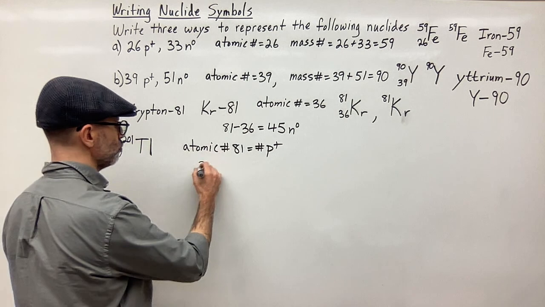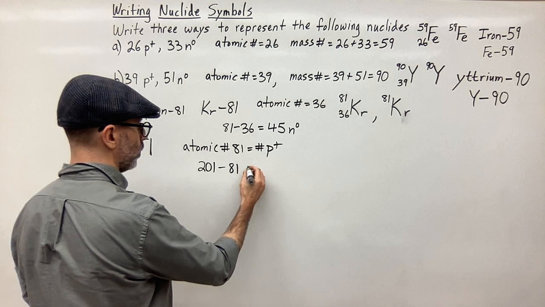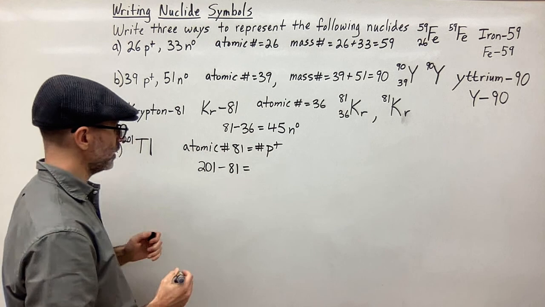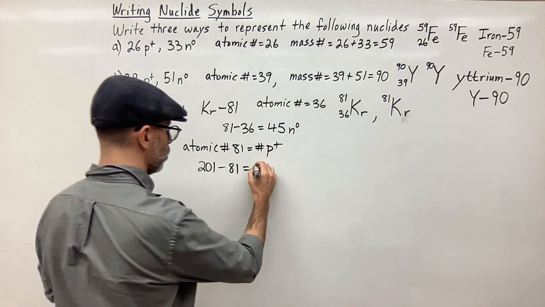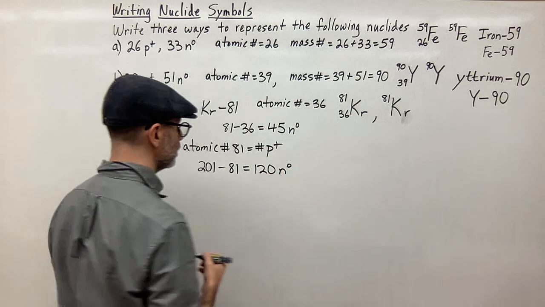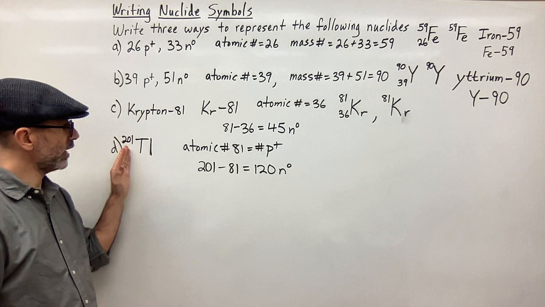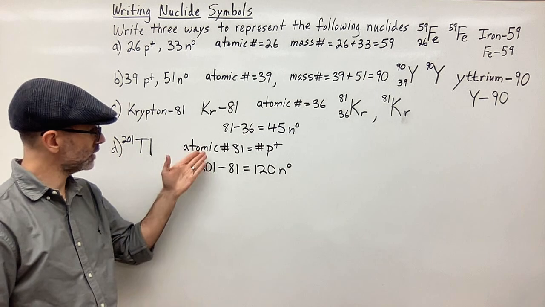So this would be 201 minus 81, and that would be equal to 120 neutrons. Okay, so we have our mass number, we have the number of protons, the atomic number.